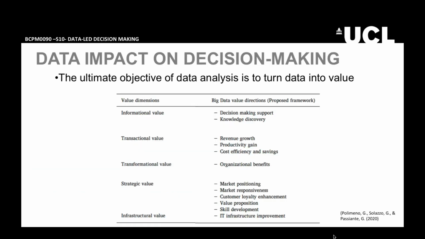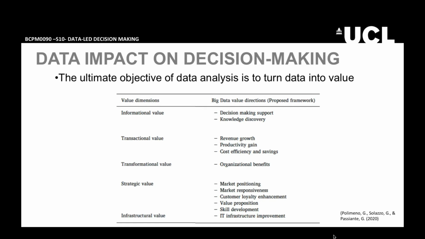If you remember, in our first session, we said that the ultimate objective of data analysis is to turn data into value. And that value is going to be released through decision making. So obviously data, and particularly the analysis of data, has an impact on decision making and particularly on making better decisions.